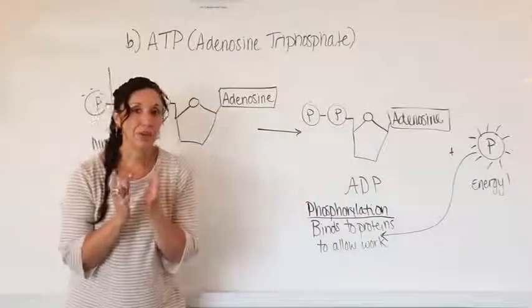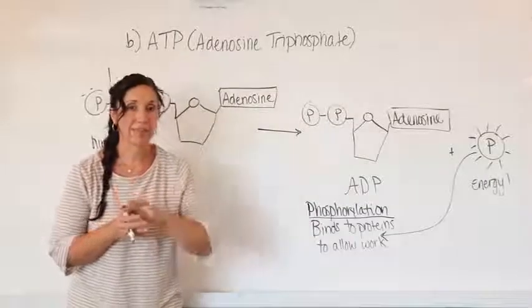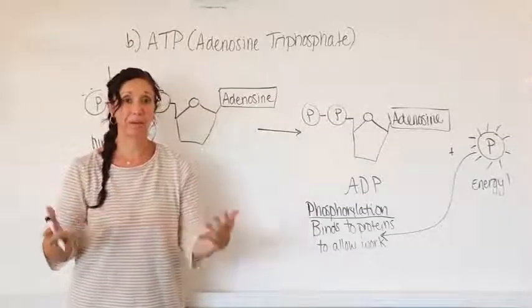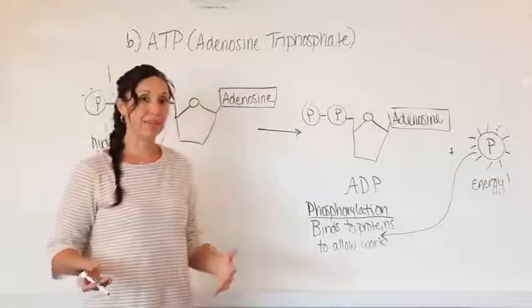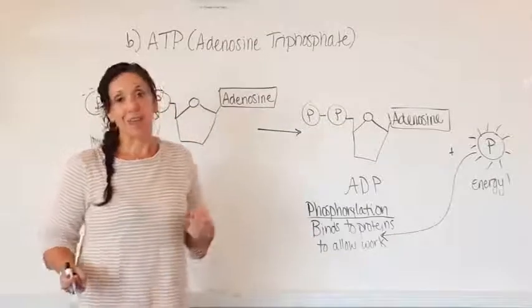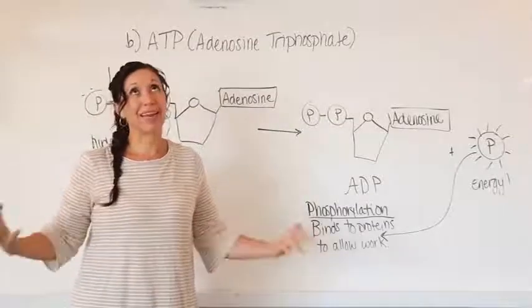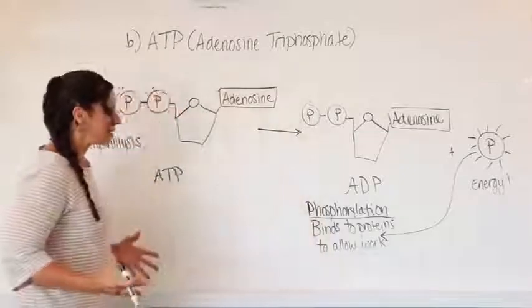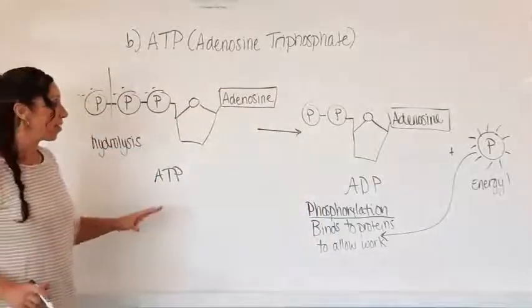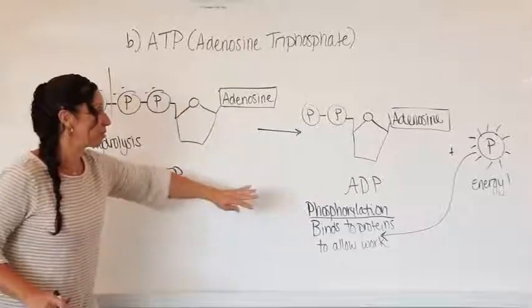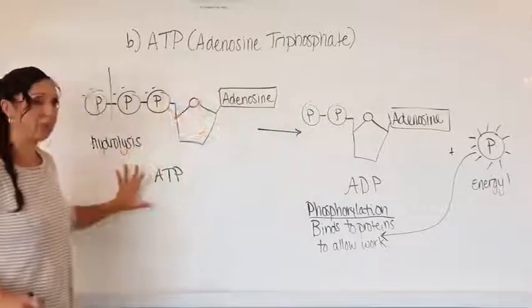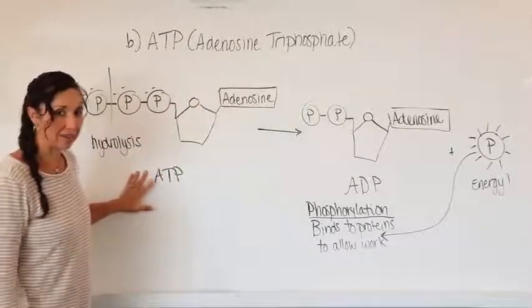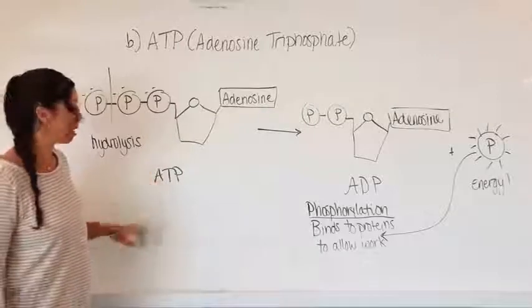I want you to appreciate how awesome ATP is, because in a couple units we're going to talk about how we make ATP. Without ATP, our proteins can't move, and if our proteins are not moving, we're not doing anything. So ATP is awesome and it has to happen. There's a lovely reverse reaction to convert ADP back into ATP, so we don't ever run out of this stuff, but that's coming later on.